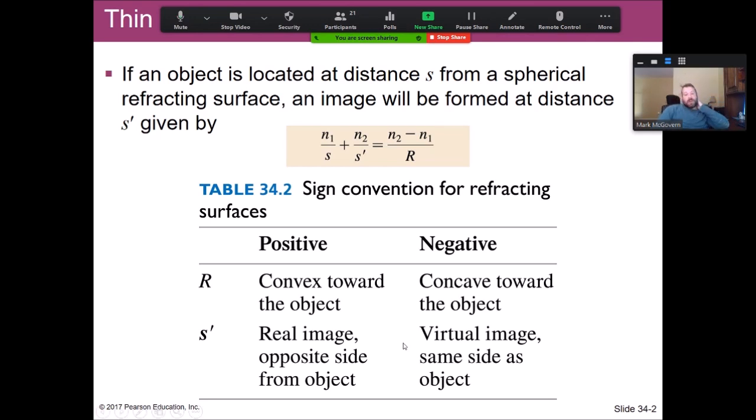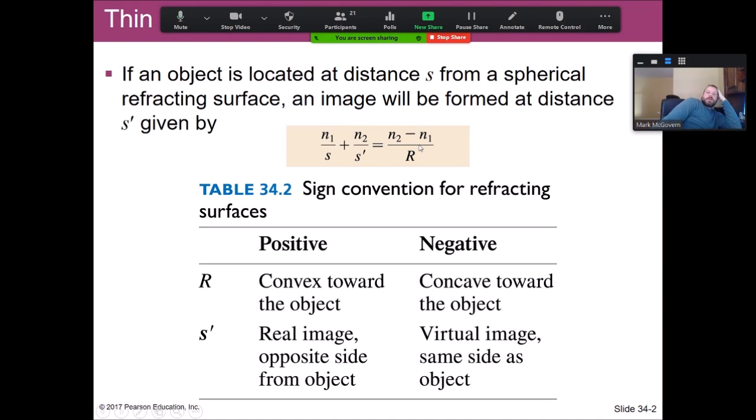So the equation is very familiar, except here we have N1 and N2 paired up with S and S prime. N1 refers to the object, so that's paired up with S, and N2 is paired up with S prime. S prime is our image here. We have a difference that's being done here. So again, you've got to remember that N2 is what you're going into, N1 is where you come from, and that's our equation there.